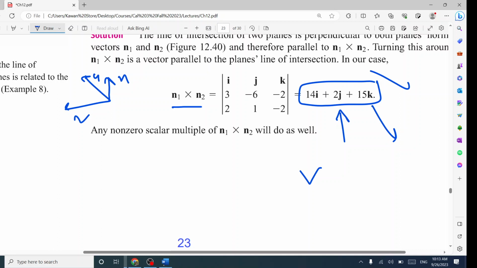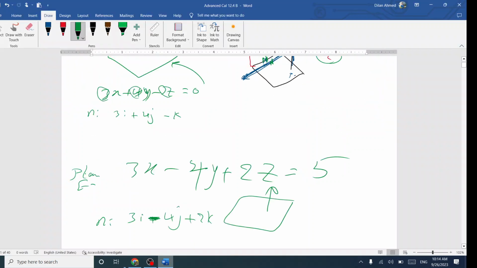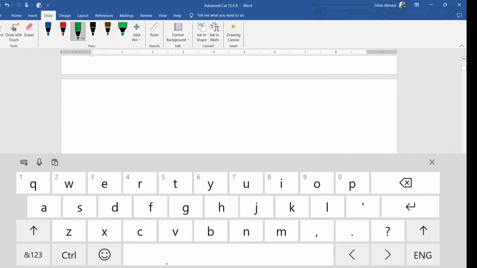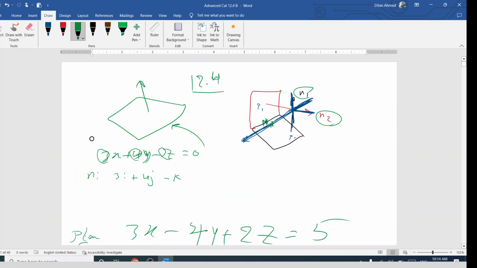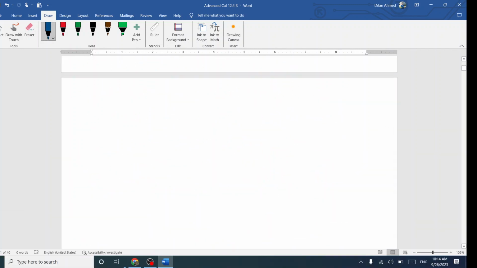If I want to find the intersection point between two things, like line number 1 and line number 2, what shall I do?